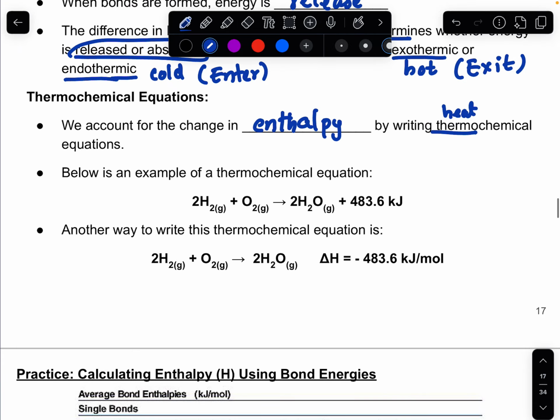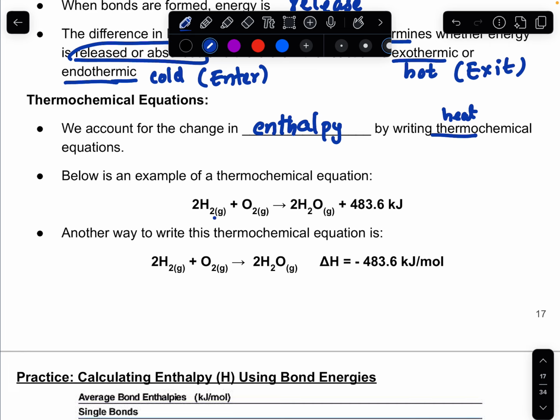For example, this reaction says hydrogen combines with oxygen forming water, and you can see one more product: heat is releasing as a product. If heat is a product, that will be what? Exothermic reaction.